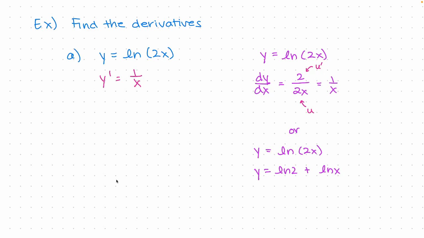And then the natural log of 2 is just a constant. What's the derivative of a constant? 0. And then the derivative of that is just 1 over x. So that's why you actually do end up getting the same thing.